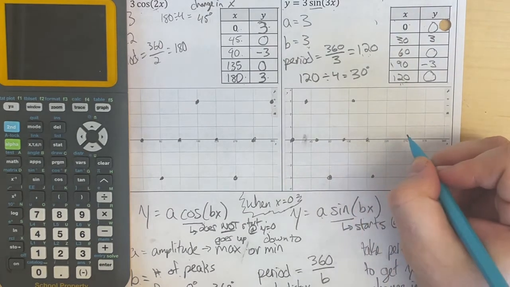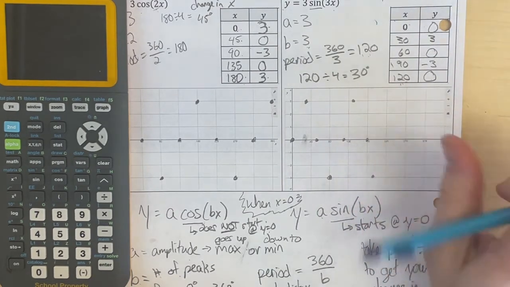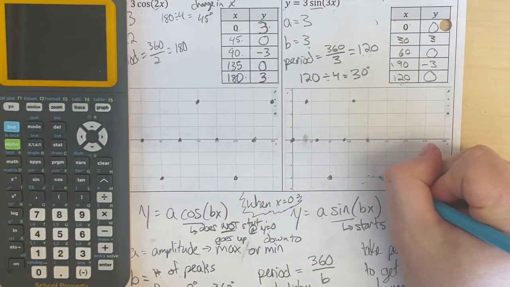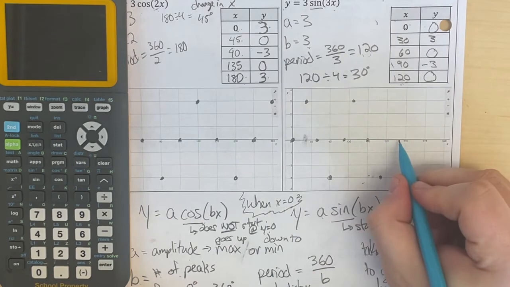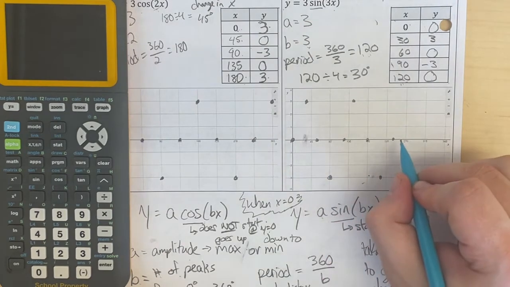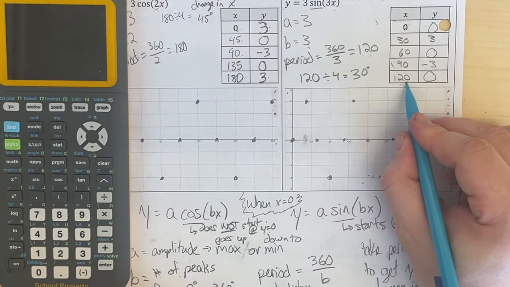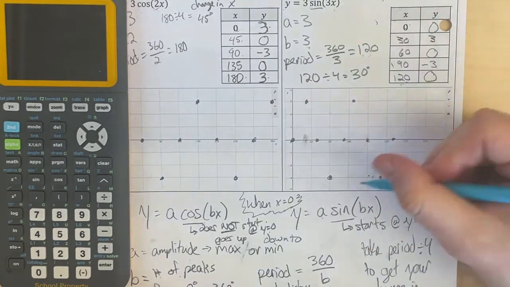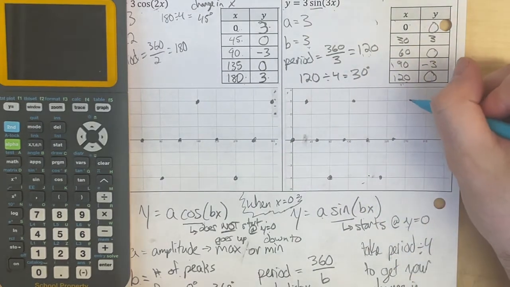And at 240, let's do to the right of it. Let's do at 240, we have 0 again. Again, notice how I have one full rotation at 120, another full rotation at 240, and then one last one to 360.